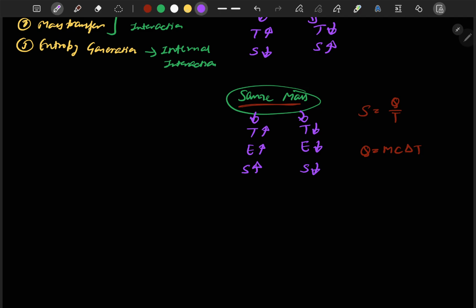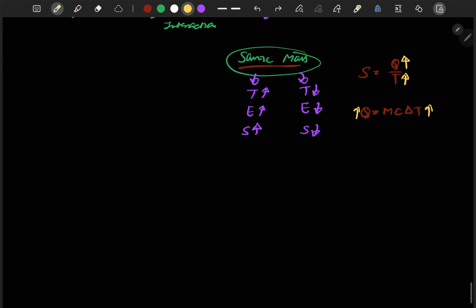While increasing the temperature, the Q value will also increase. We can write it as m c T, so Q will be proportional to delta T only.